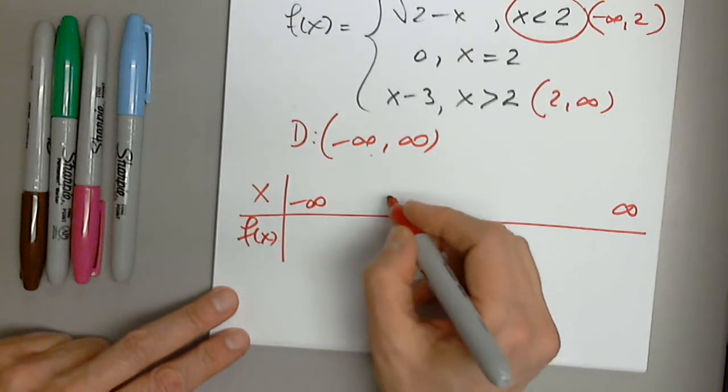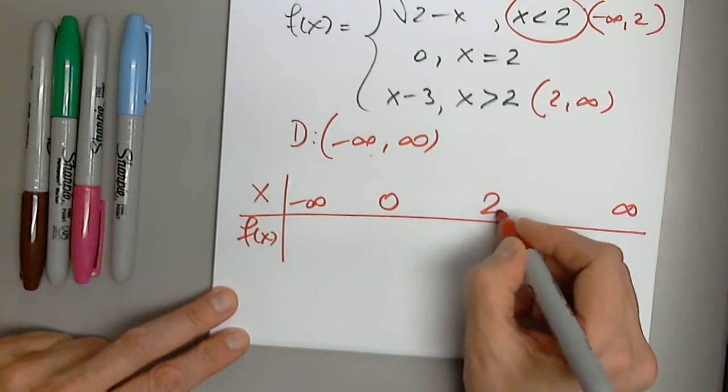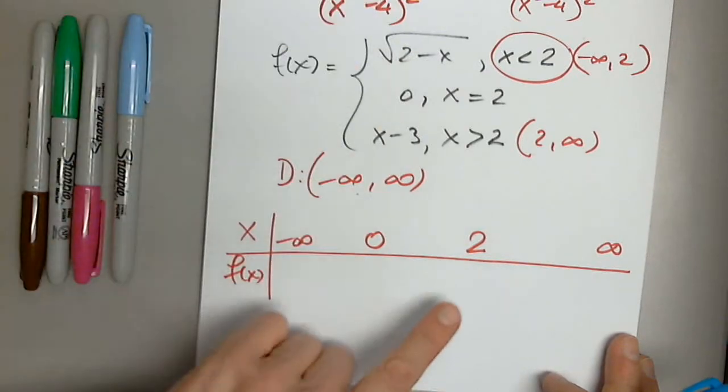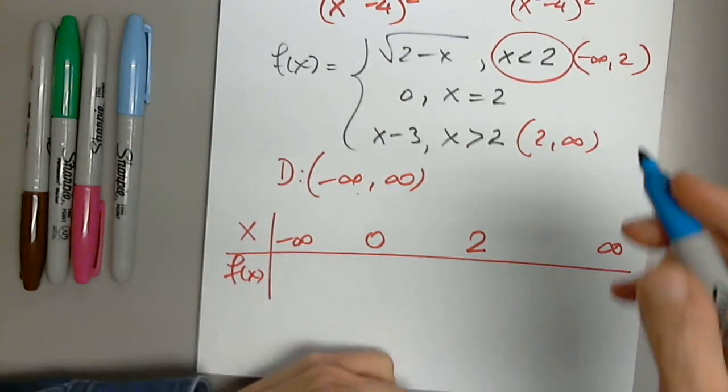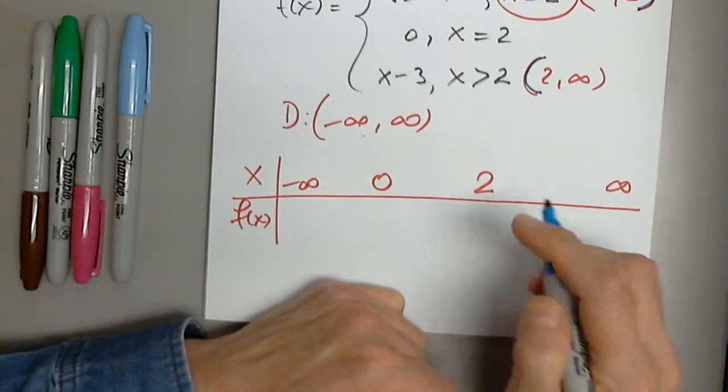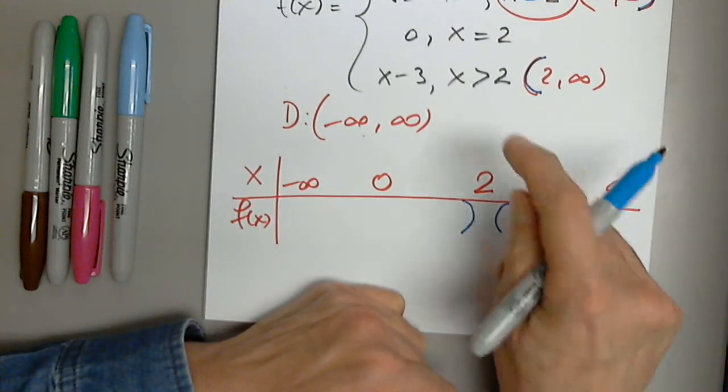Zero must be in the table. 2 in this case must be in the table. Look at what happens at 2. There is a parenthesis facing left, a parenthesis facing right. So I have to leave some room for this value.